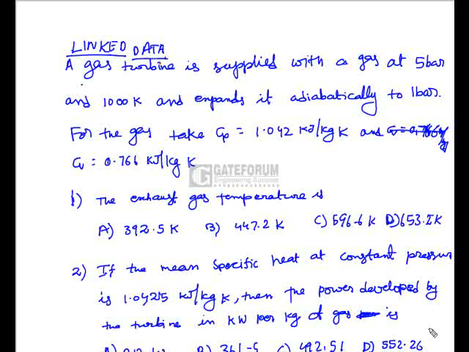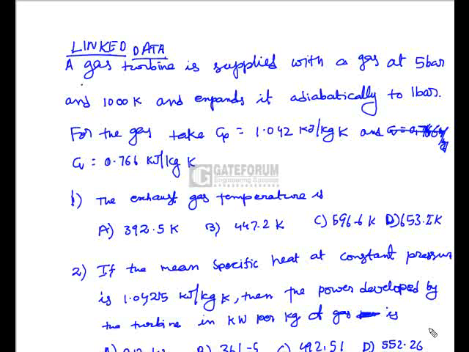Here the first question is: the exhaust gas temperature is. Options are 392.5 Kelvin, 447.2 Kelvin, 596.6 Kelvin, 653.2 Kelvin. And the second question is: if the mean specific heat at constant pressure is 1.0425 kilojoule per kg Kelvin, then the power developed by the turbine in kilowatt per kg of gas is.